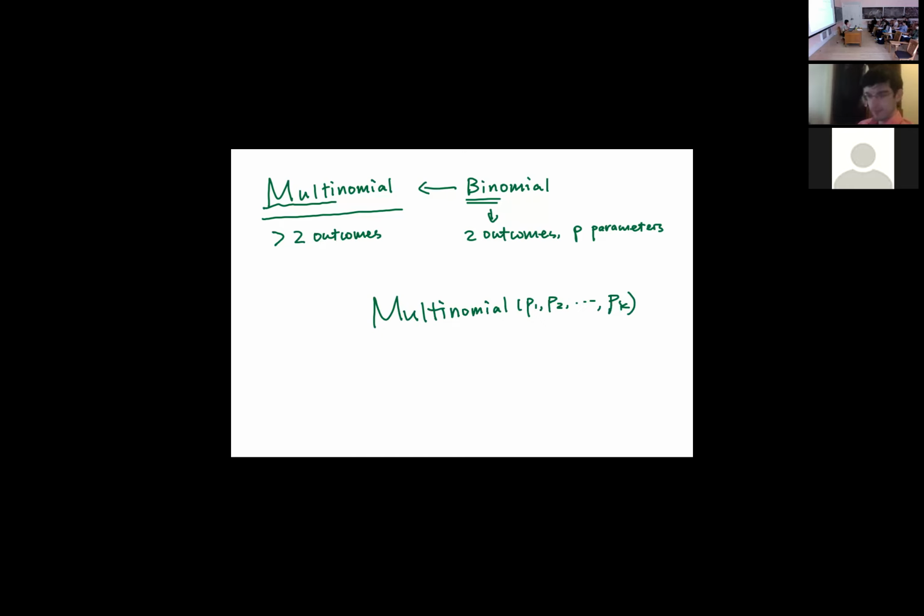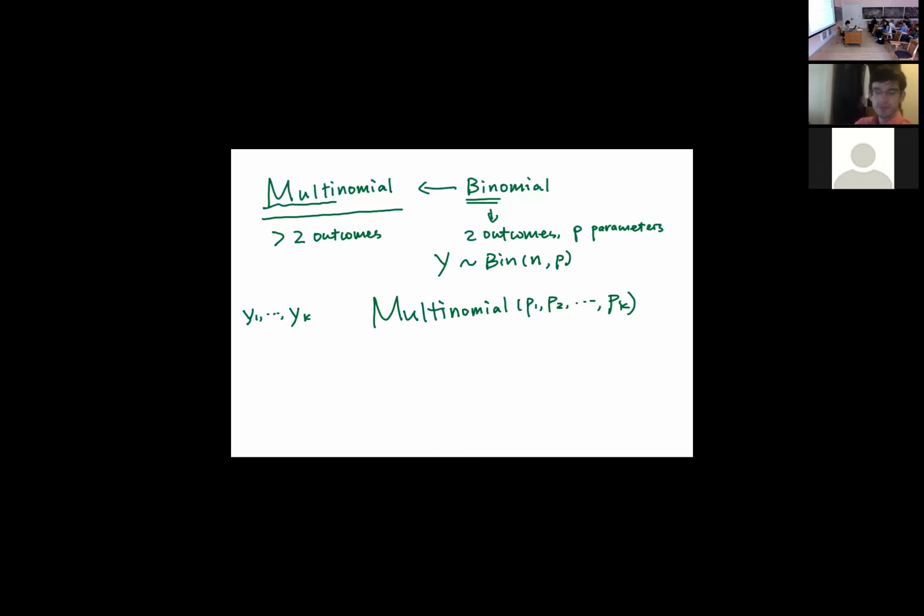It's not just one number anymore. For the binomial, you're counting the number of successes, and that's the random variable, right? So back here, you have binomial with n, which is the total number of trials that you do, and then p is the only parameter. However, once you move to multinomial, you can think of it as Y1 until Yk. Now it's a whole vector following this multinomial distribution.